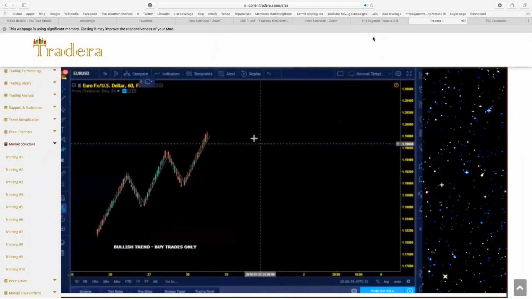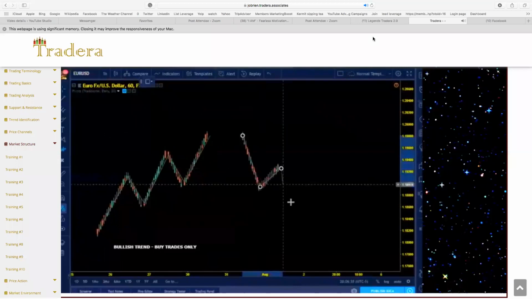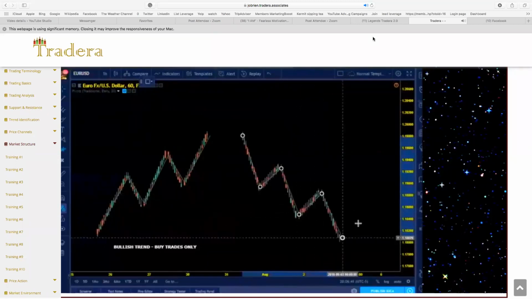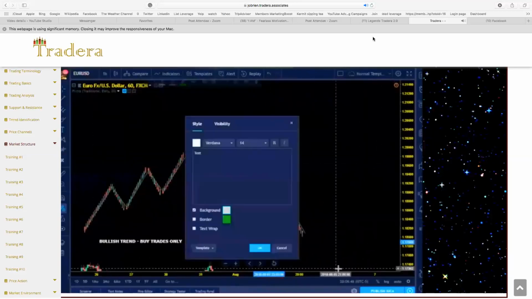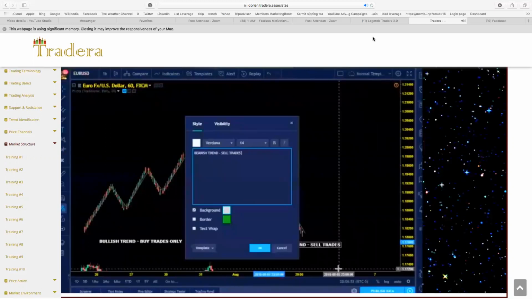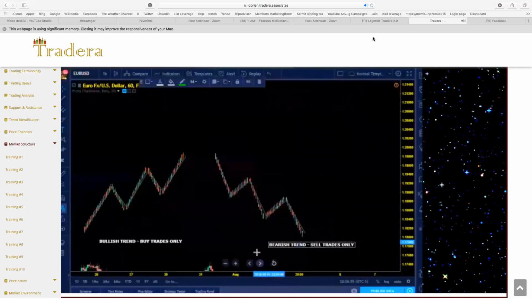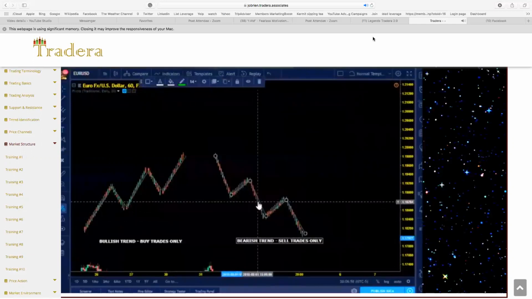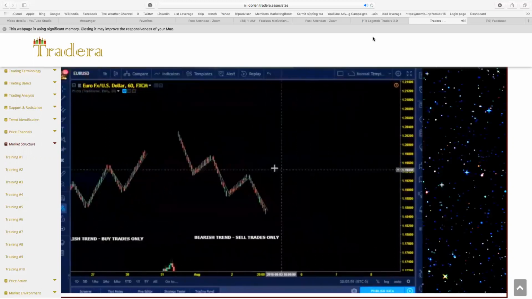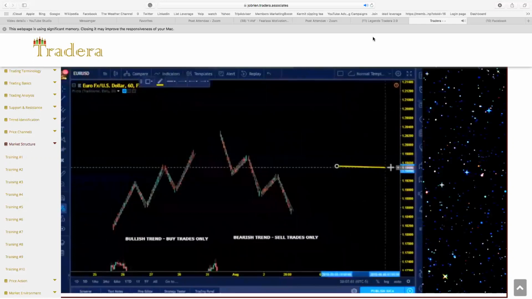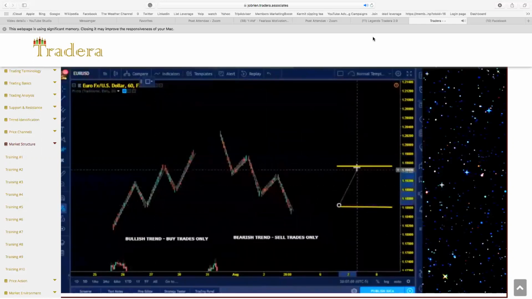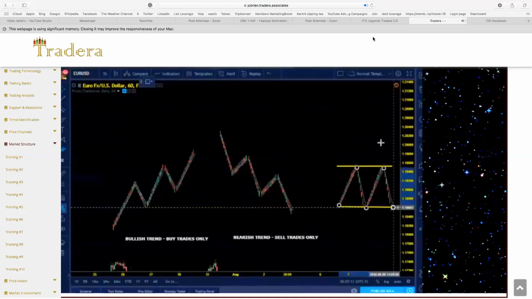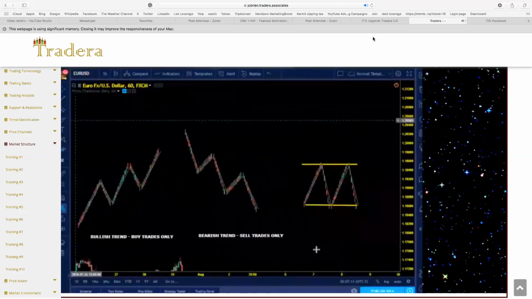And then we have a bearish trend, like so. Lower highs, lower lows, heading down. This is just a quick recap, guys, so that everyone is comfortable with what we're about to get into. And then everyone's favorite market condition right here, just straight sideways. And that is called consolidation.